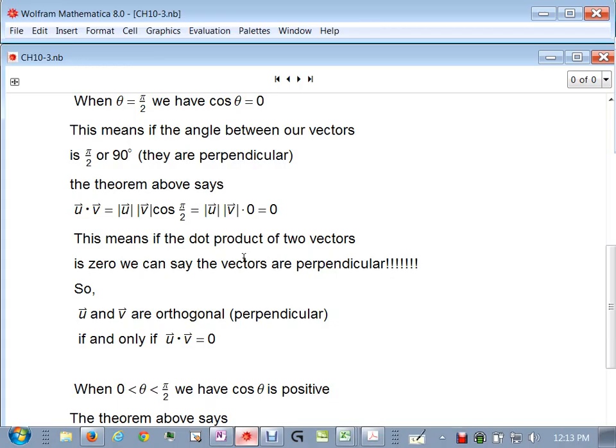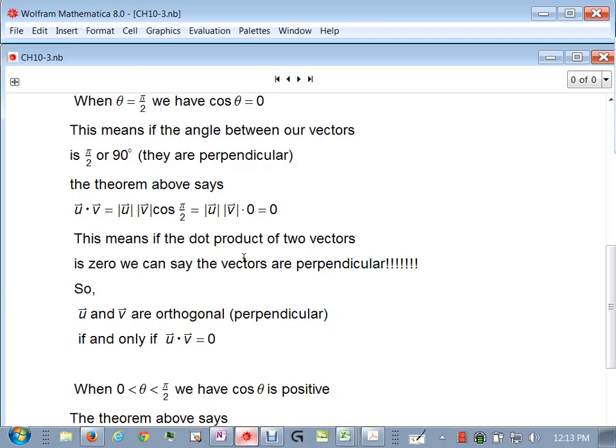Two vectors are perpendicular, orthogonal is another word we'll use, if and only if their dot product is 0. This is a way we can check if two vectors are perpendicular or not. We take the dot product, and it has to be 0 for us to say they're perpendicular. This is the big result: u and v are orthogonal vectors, perpendicular vectors, if and only if u dot v equals 0.